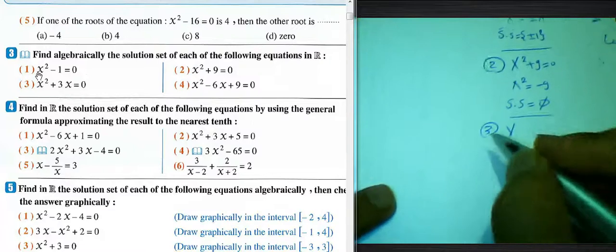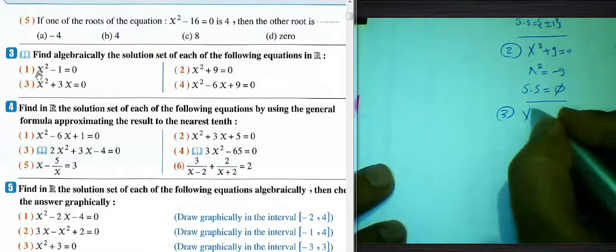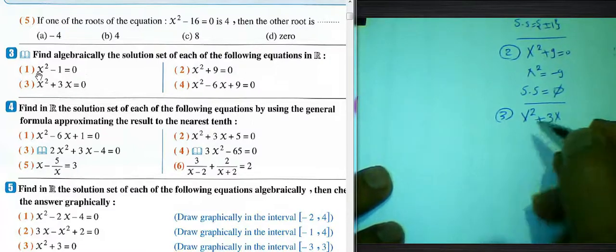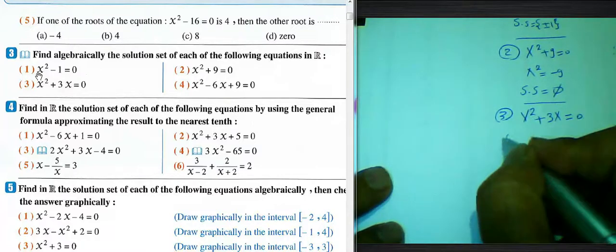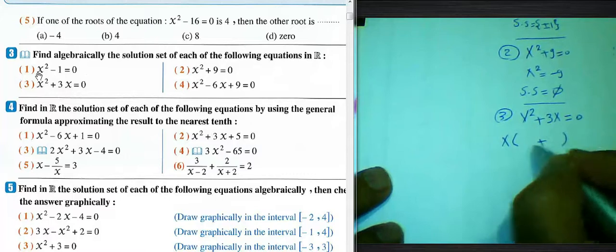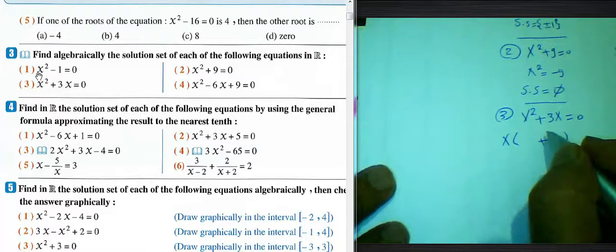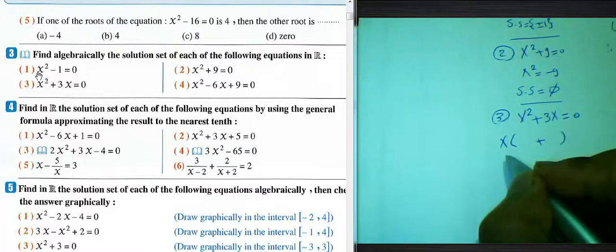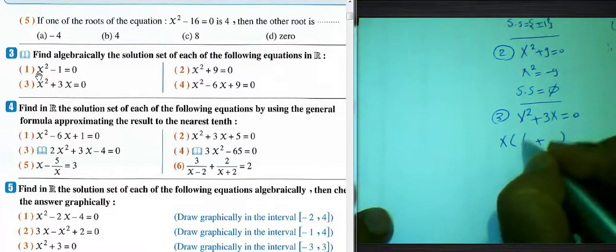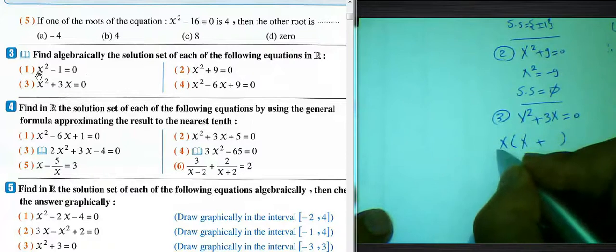x power 2 plus 3x equals 0. We can get the highest common factor between x power 2 and 3x, which is x. We divide x power 2 by x, which equals x, and 3x divided by x equals 3.